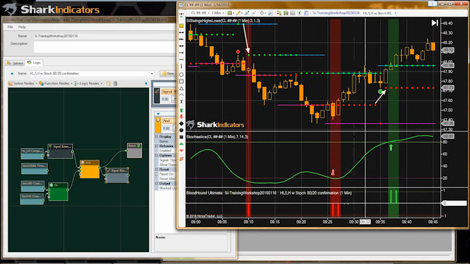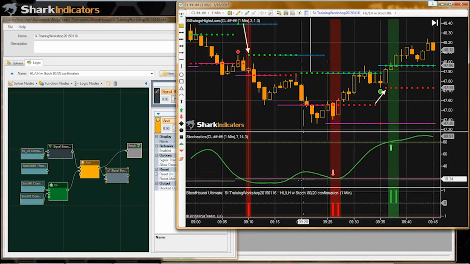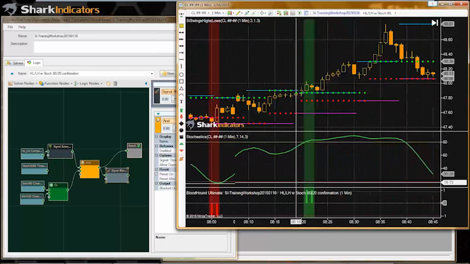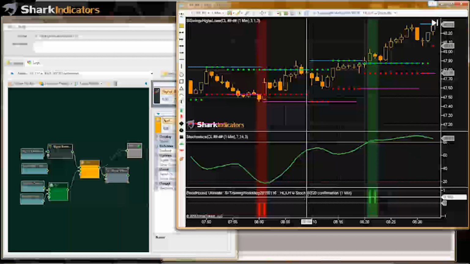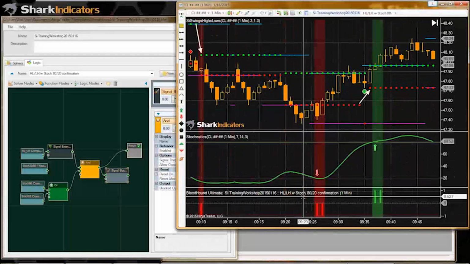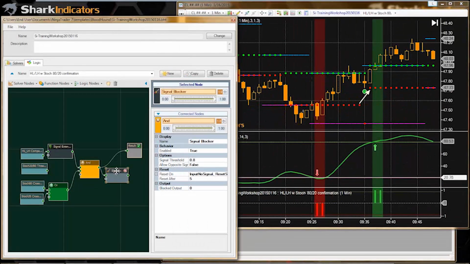The most we can ever get is 2 bars with signals on it, right? See, so only 2. That's the most we're going to get. So that makes it really easy to clean up with the signal blocker. So let's see, I guess we'll just reset after 2 bars.